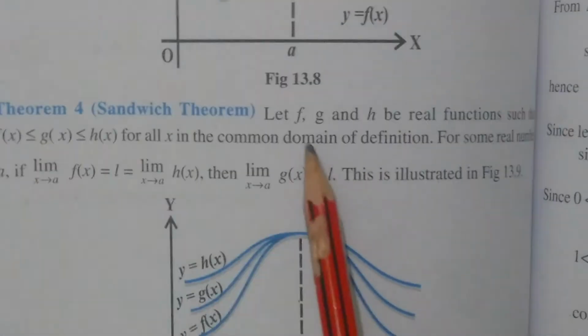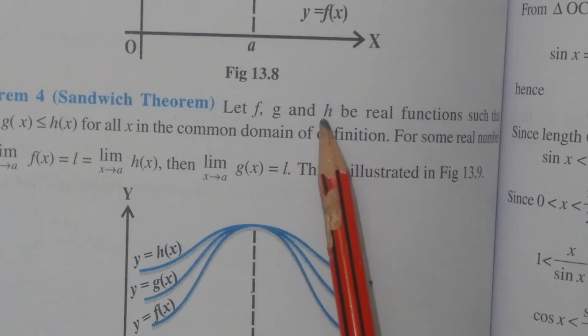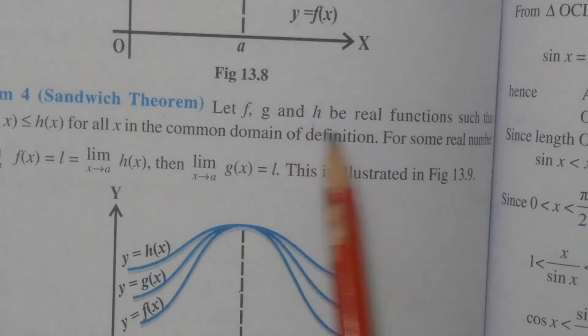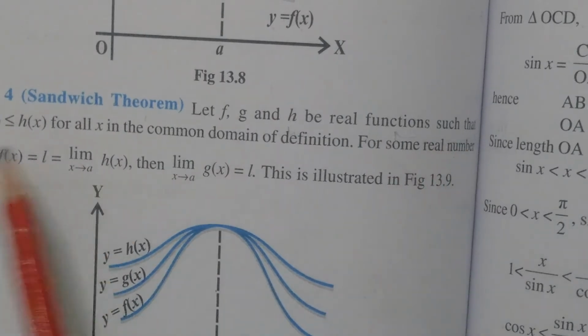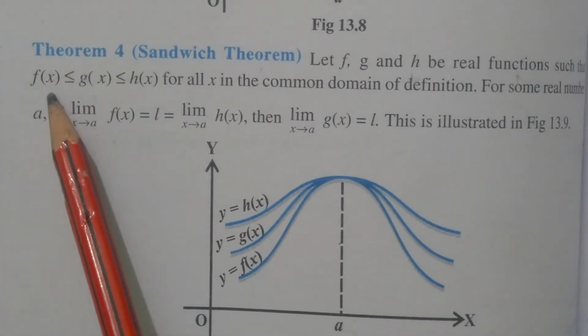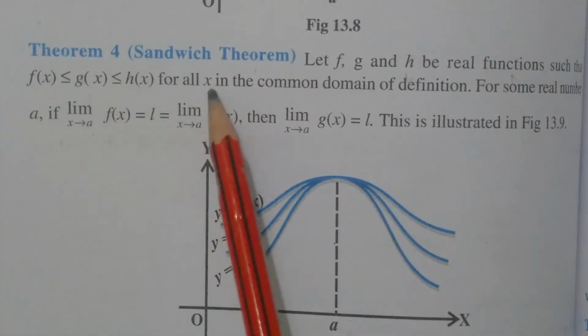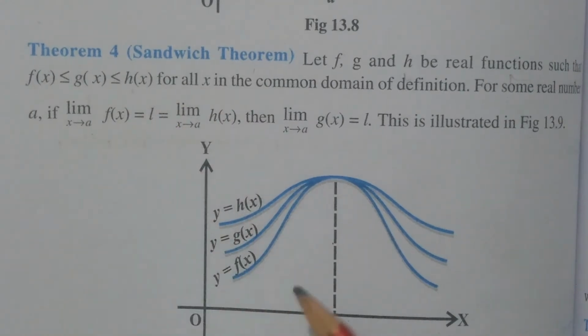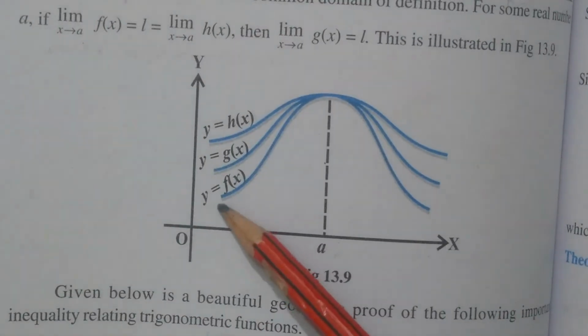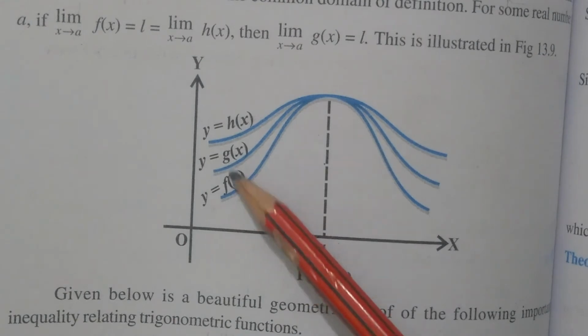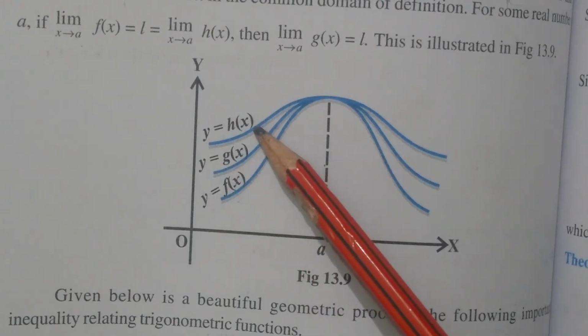What does this say? Let f, g and h, here we consider three functions, be real functions such that g of x is greater than or equal to f of x and less than or equal to h of x. Here we have the three functions, y is equal to f of x, g of x, h of x.